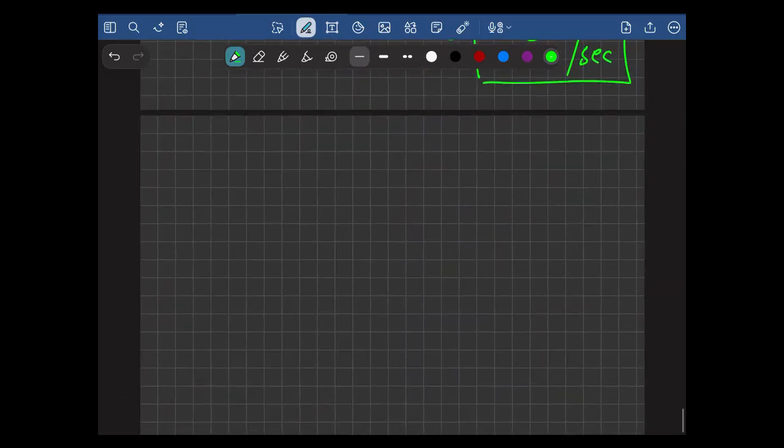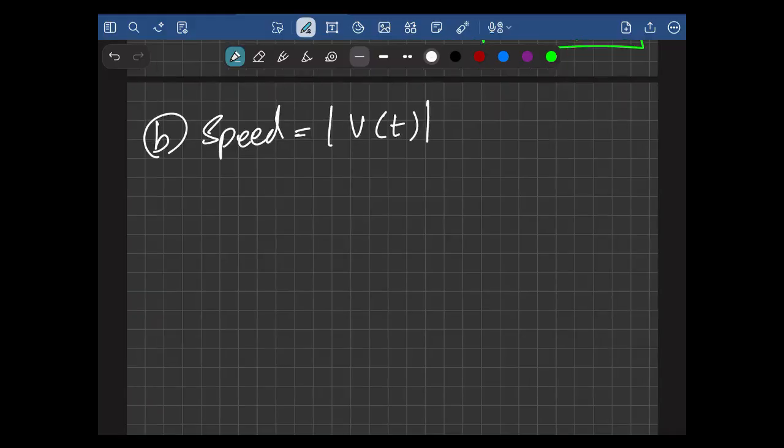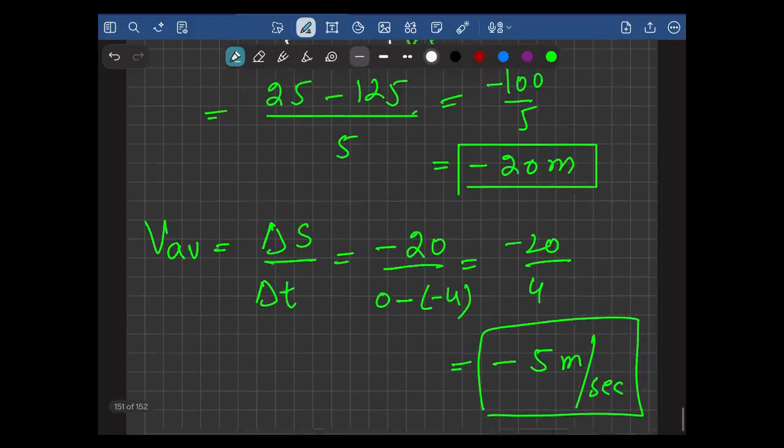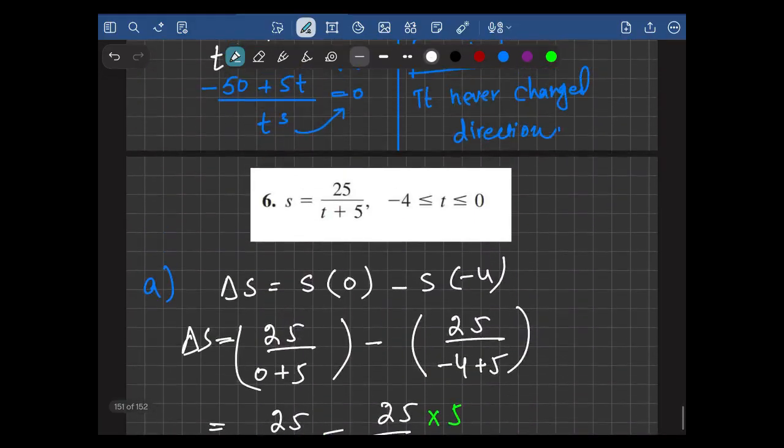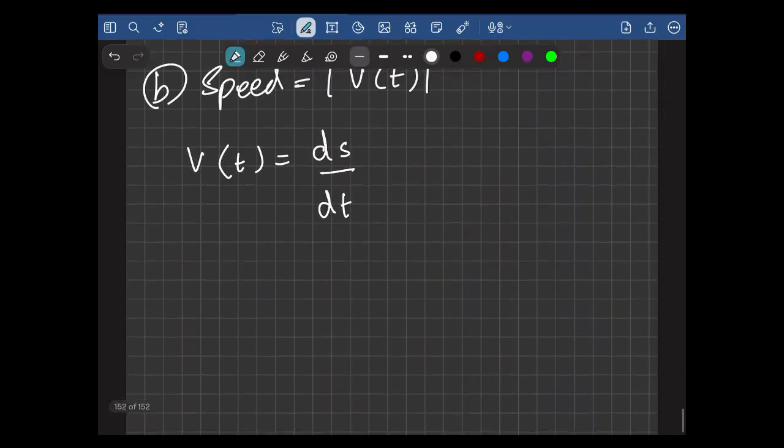Now in the B part, they said find the speed, which we knew equals the absolute value of the velocity. So we need to find the velocity first. Velocity at time t is going to be the derivative function, the rate of change of the displacement. What is the displacement function? 25 over t plus 5.